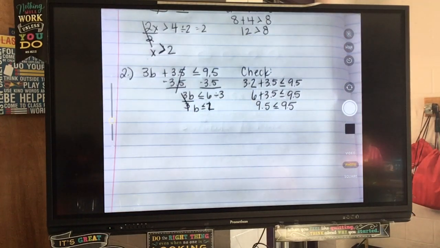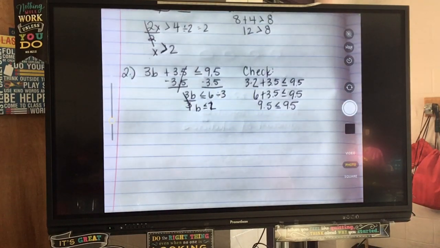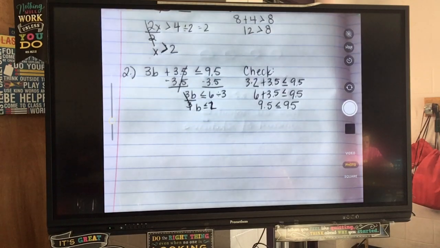All right. So far, the first two, how do we feel? Not terrible. Could be worse. It's worse, trust me. All right, let's go down to the pink one.